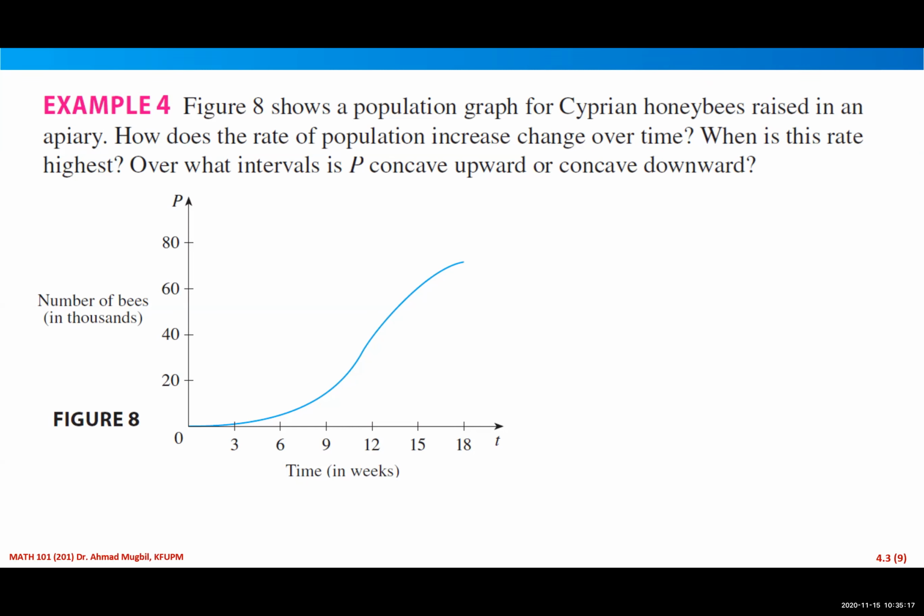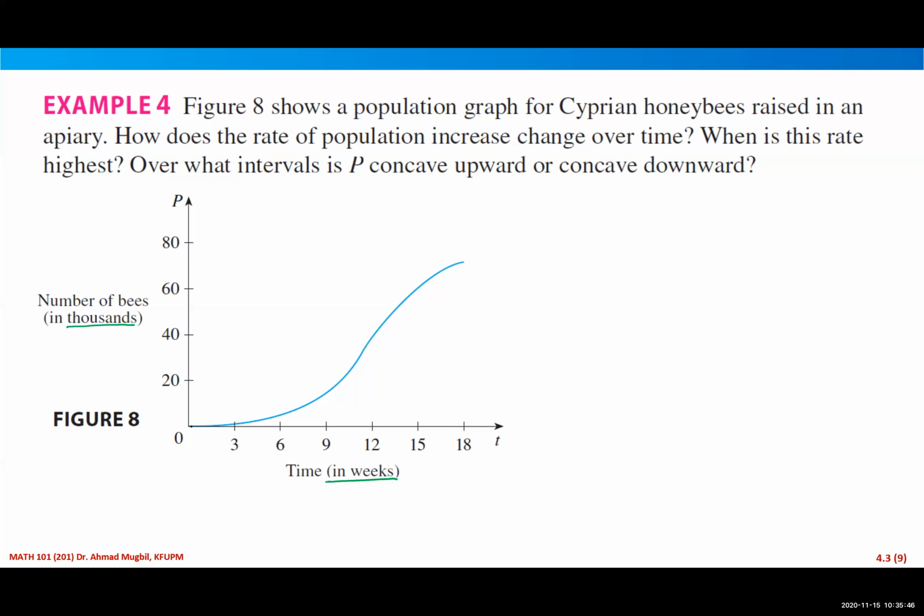So let's see what this graph tells us about the population of these bees. If you look at the graph, this is P, the population, the function itself. This is time in weeks, and this is the number of bees in thousands.